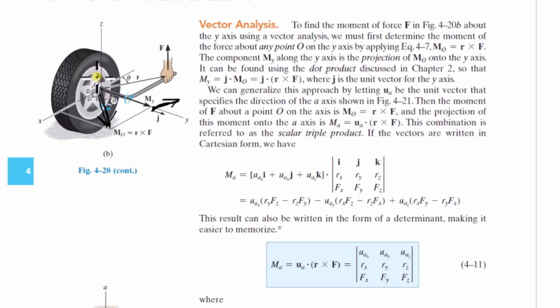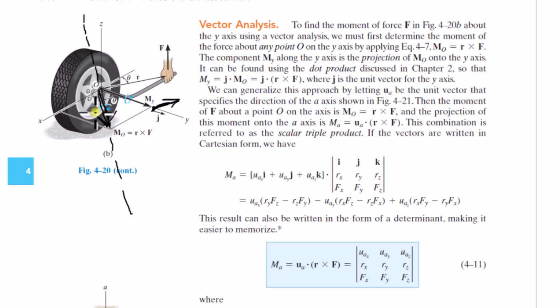Now, if you're just asking, what about the moment of this force about this axis? That's the context. Then you can treat this as a sliding vector, because you can calculate the moment of the force about any point along this axis, and once you project it onto the axis, you're going to get the same result, right? I know it's confusing.